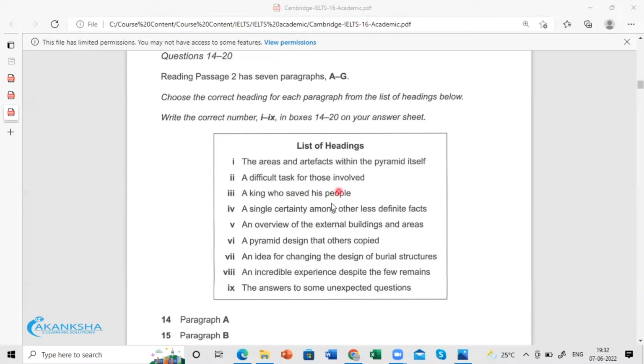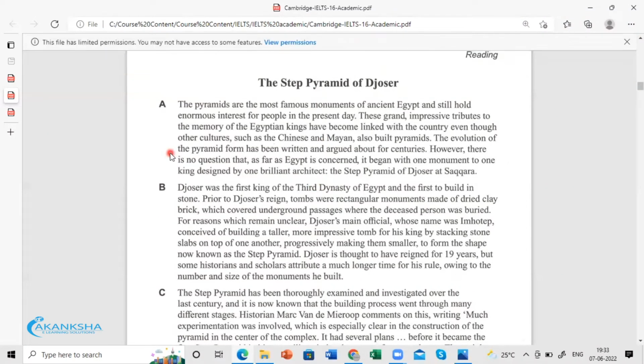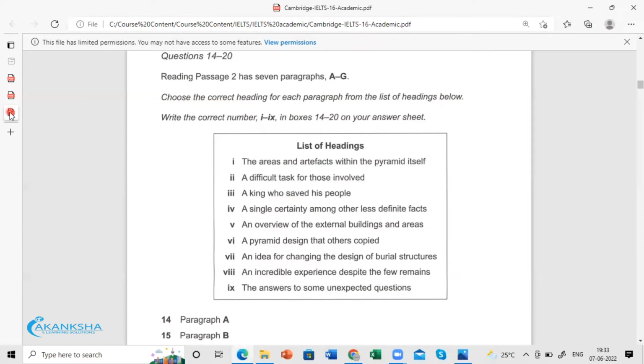I hope you got it. So we can comfortably say that it is not the answer for question number 1, paragraph number 1. A king who saved his people. There's nothing discussed in paragraph A about a king saving people. It's only about the monuments. Nothing is discussed about the king.